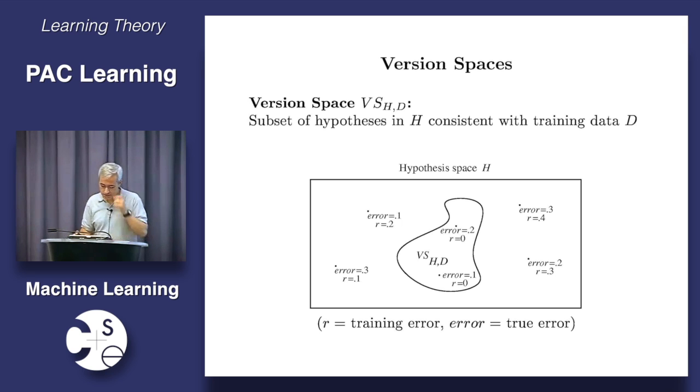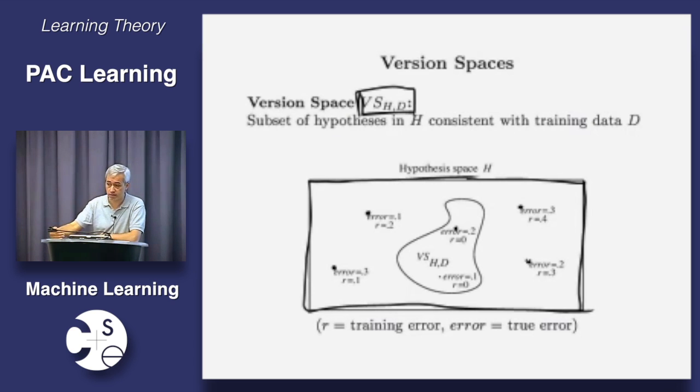So here's a graphical illustration of this. Each of these points is an instance in the training set. So each of these is a training example. And my Venn diagram now is my hypothesis space. So each point on here is a hypothesis. And I'm labeling each point with both its true error and its error on the training set.